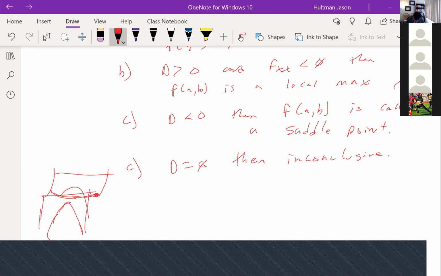It folds down like this. Think of it like a saddle.